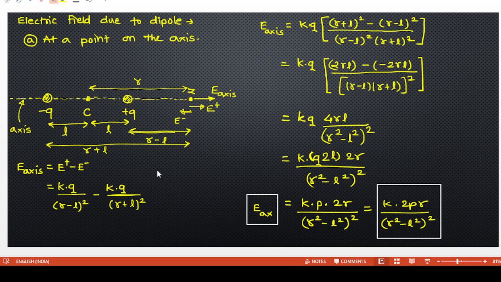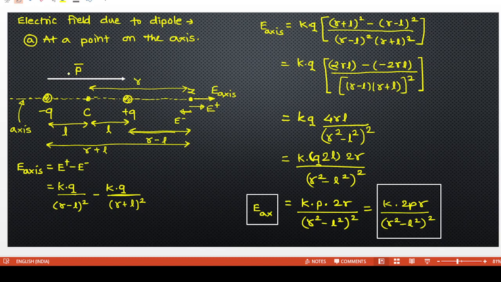Now let us figure out the direction of electric field. Let us draw here the electric dipole moment vector P bar. What is its direction? Negative to positive. What is the direction of electric field at a point on the axis? Same as the dipole moment.